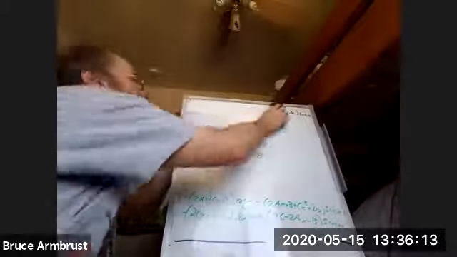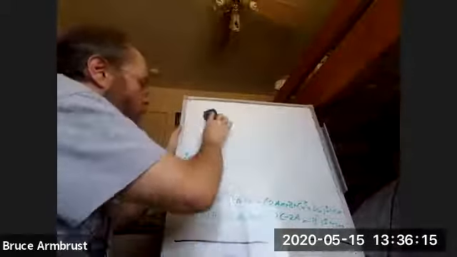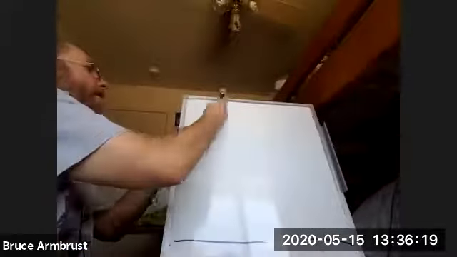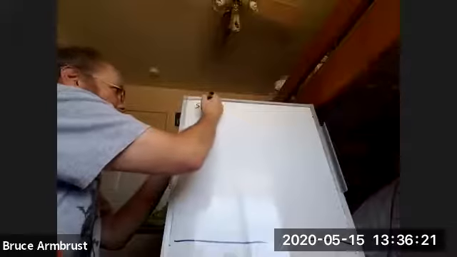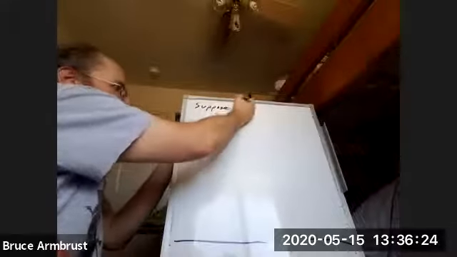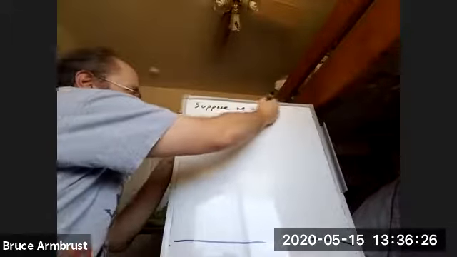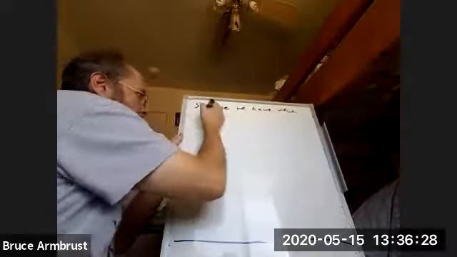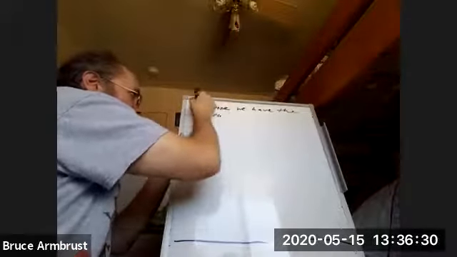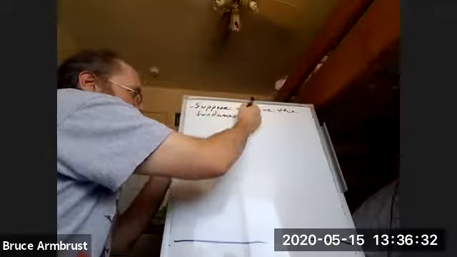So we'll come back to the board here. So what we did last time was, suppose that we know y1 and y2. So suppose that we have the fundamental set.